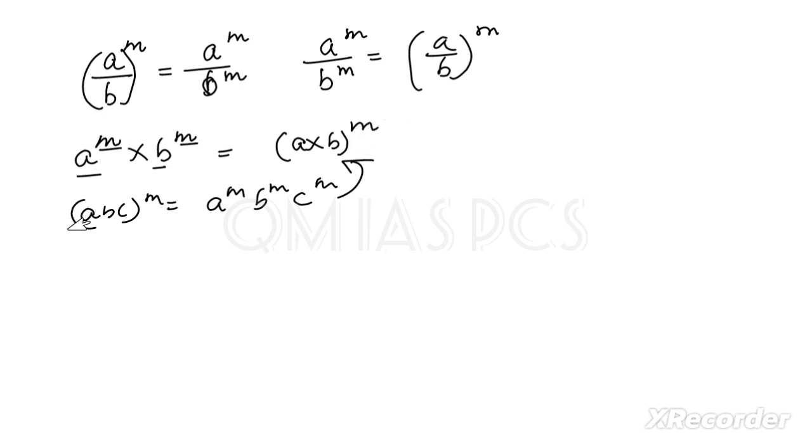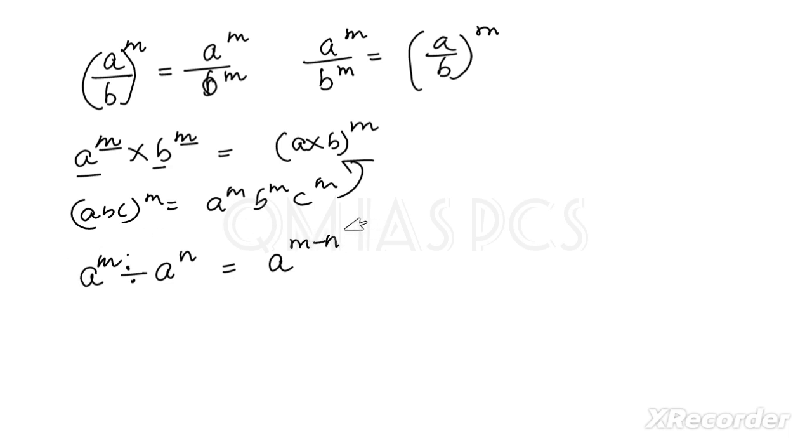Now, a to the power m divided by a to the power n. In that case we can write a to the power m minus n.